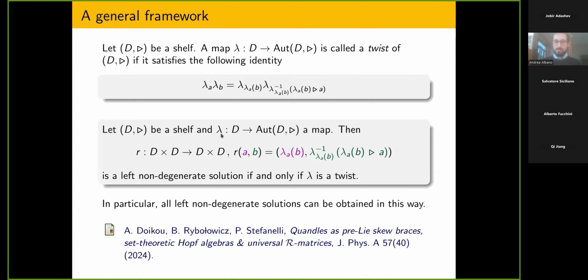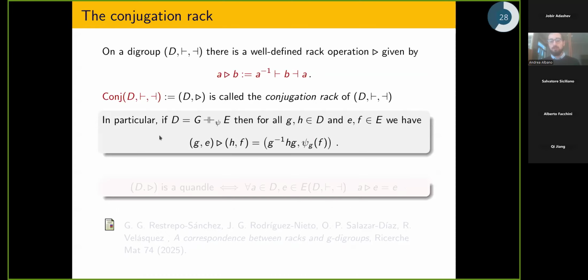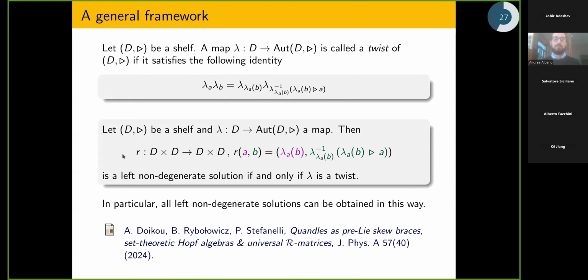An important property I'm not mentioning here is that if you see a solution in this way, then the solution R is bijective if and only if the shelf that you start with is a rack, so if and only if all left multiplication operators with respect to the triangle operation are bijective. This will be important in just a moment.